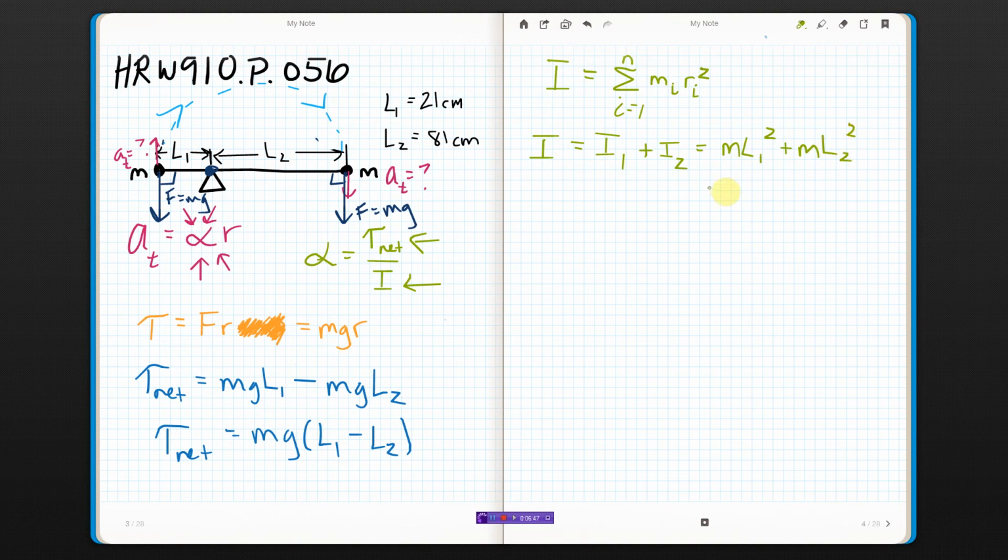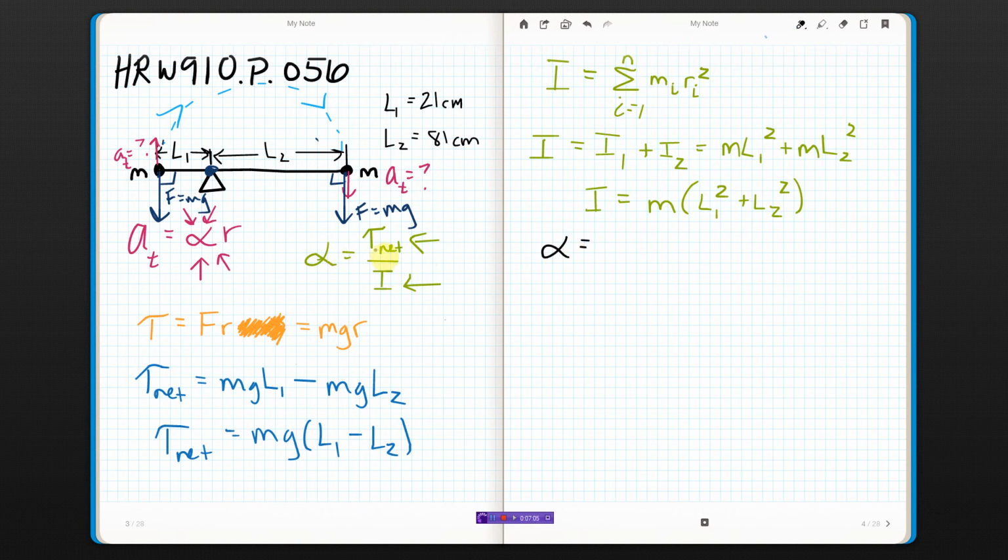And that's it. So then the moment of inertia, I'm going to pull an m out to the front, and I get m times the quantity of L1 squared plus L2 squared. That's it.